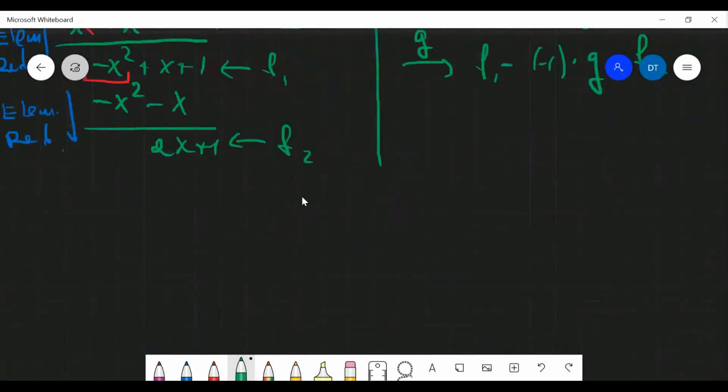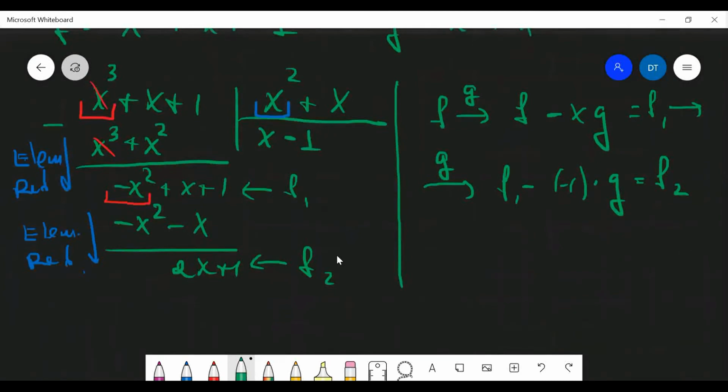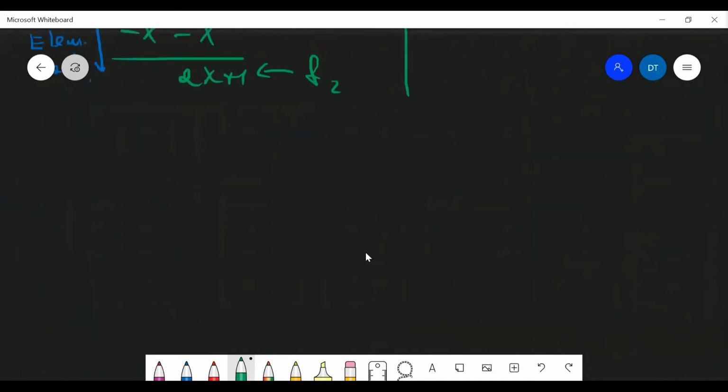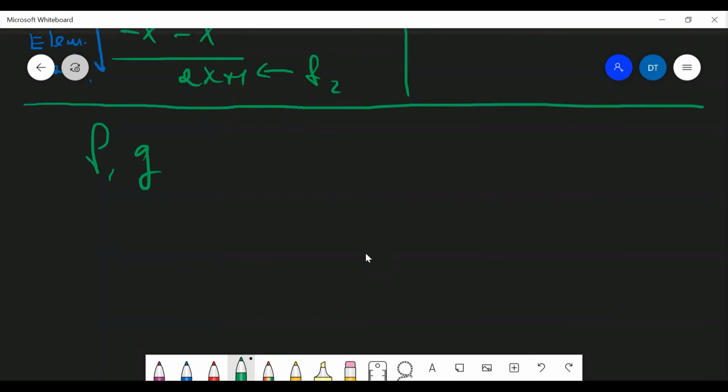By the way, are there any questions regarding this process? No. Okay, the second remark I want to make is this. Suppose you have two polynomials f and g, and any lexicographical order is fixed.